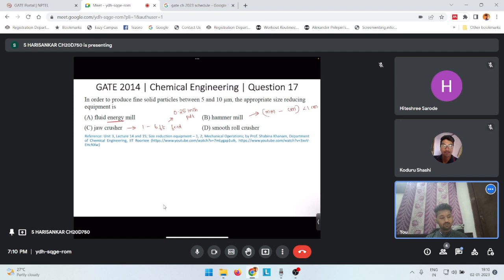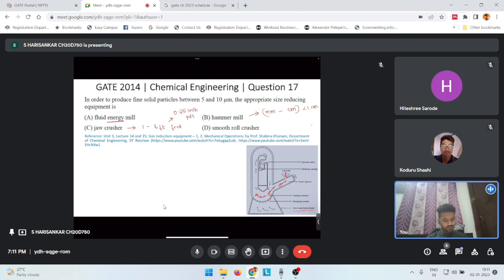The concept of the fluid energy mill we can see using this schematic. So this is a brief schematic of a fluid energy mill. The feed enters like this and it is injected into the mill by a venturi injector, and at the bottom part of this mill there will be grates having some windows through which air or superheated steam will be passed at very high velocities.